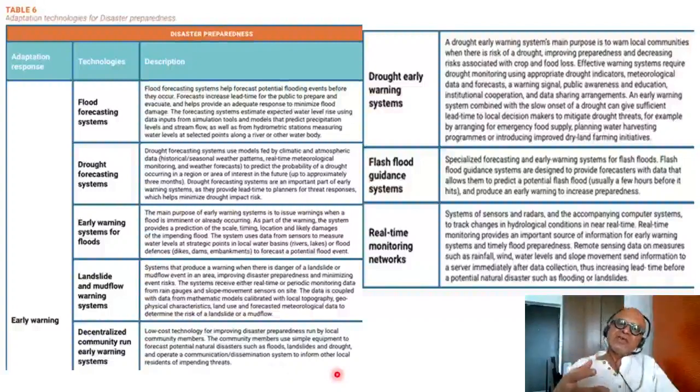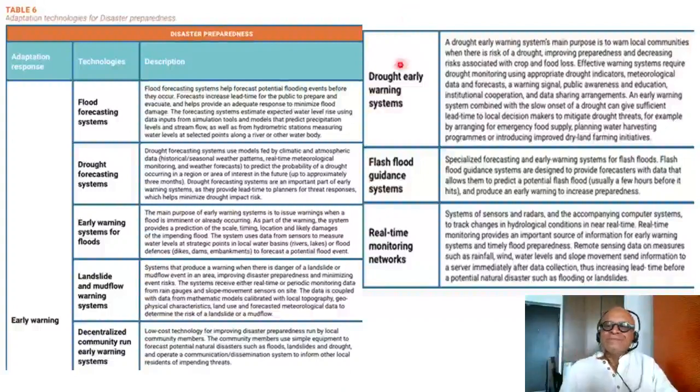Oftentimes, credibility and trust may be higher when the information comes from someone they know, rather than from a text from some centralized agency whose skill may not be established yet. So empirical, experiential knowledge with information coming from someone you know can often lead to better response to disaster early warnings.